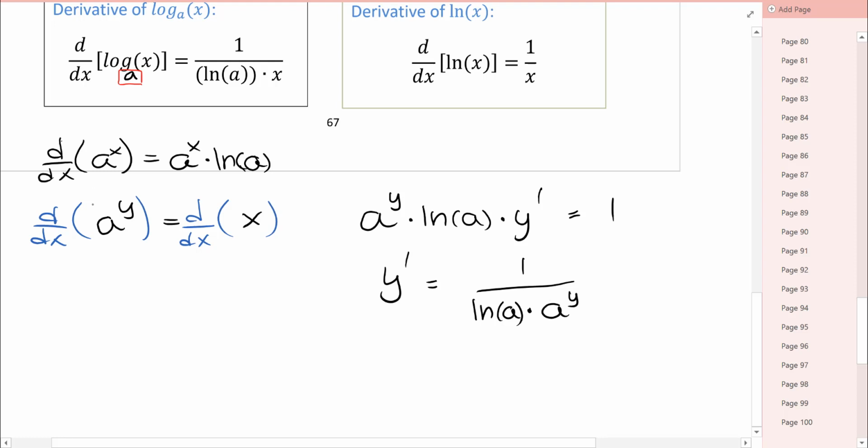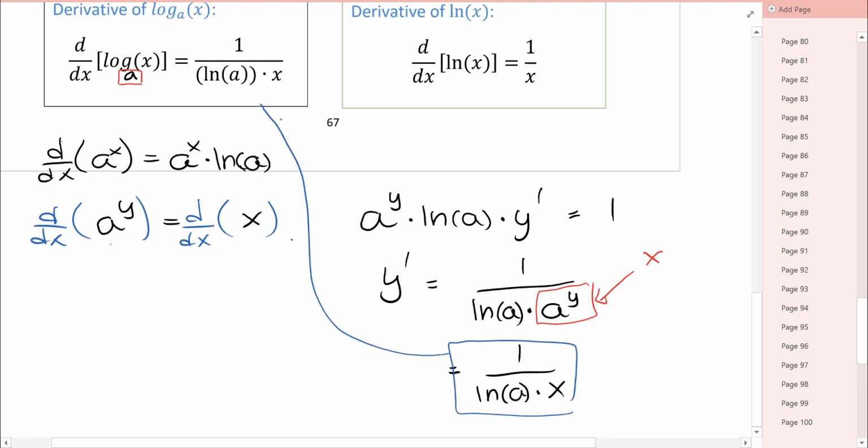But a to the y is x. So that's where this one comes from.